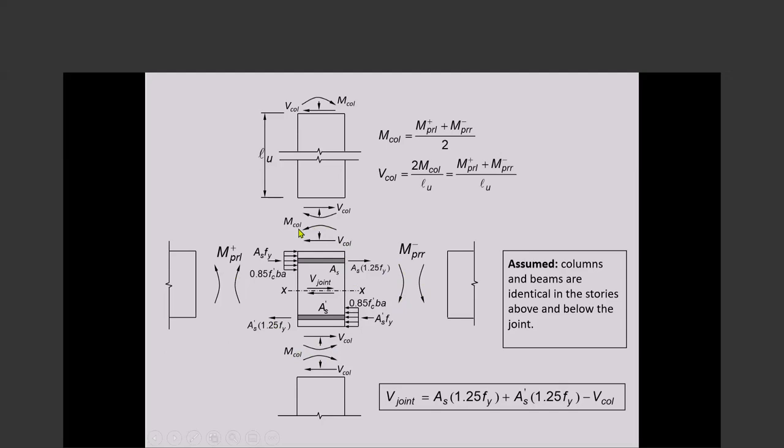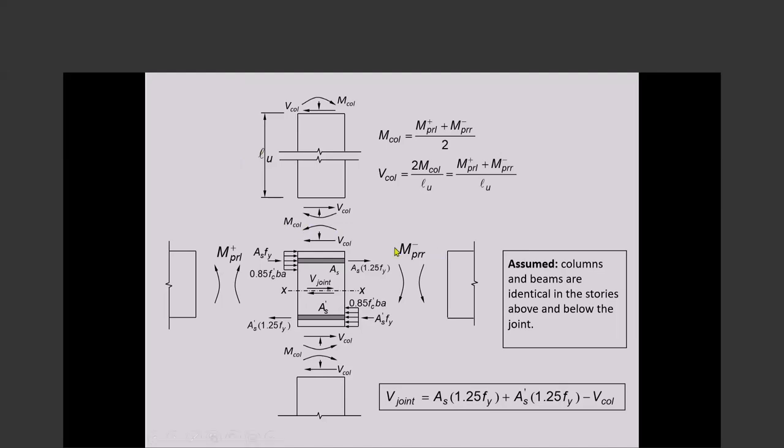Okay, are you with me? So beam moments have to be equal to the column moments for equilibrium. So the sum of the beam moments have to be distributed between the upper column and the lower column depending upon their stiffnesses. If the stiffnesses are the same, then it is 1/2 to the upper column, 1/2 to the lower column. In any case, we can calculate the largest bending moment that can develop in the column.